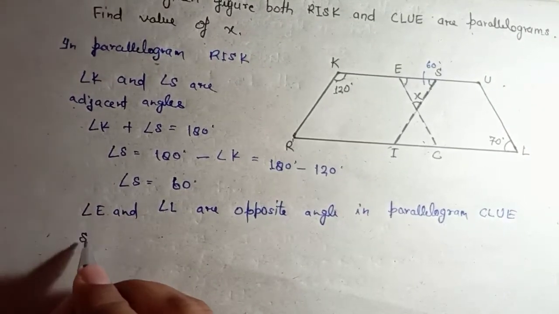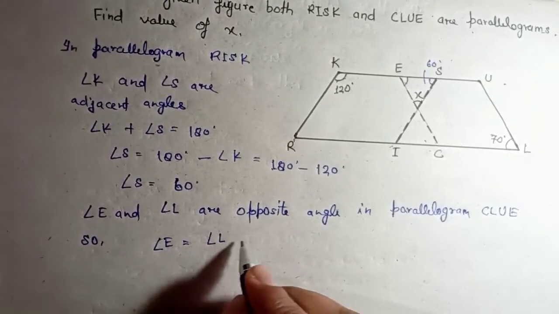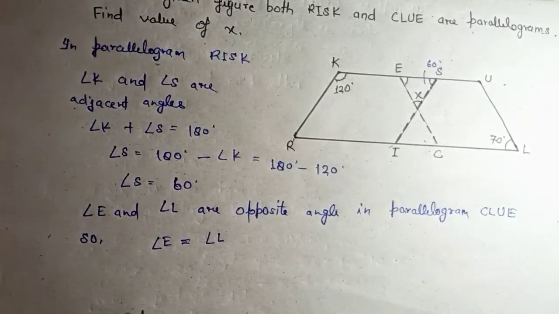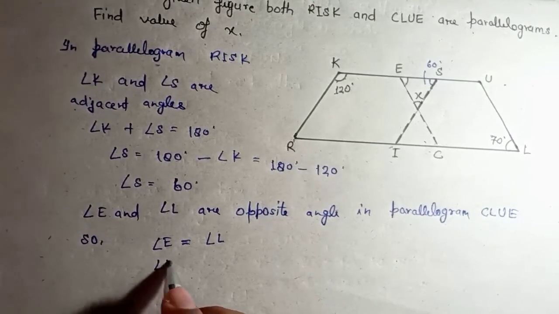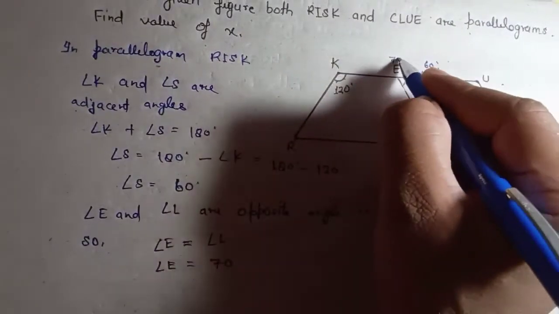So angle E is equal to angle L, and angle L is equal to 70 degrees, so angle E is equal to 70 degree. Here it is also 70 degree.